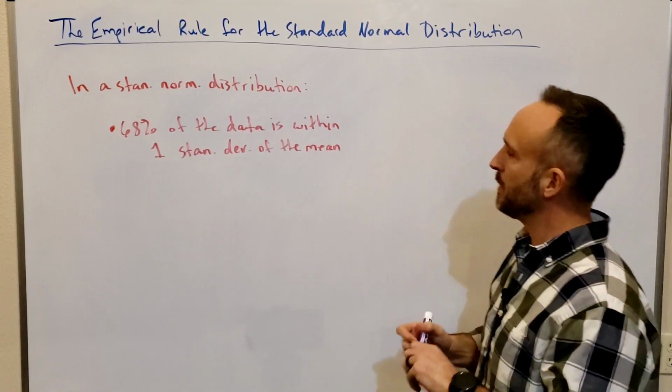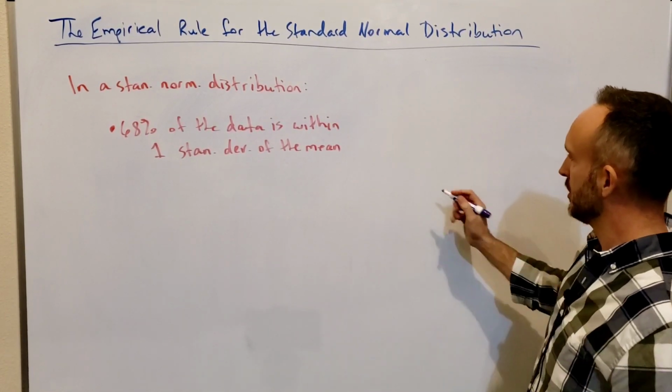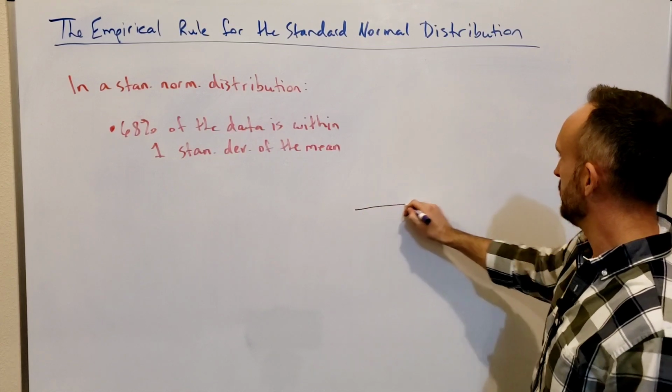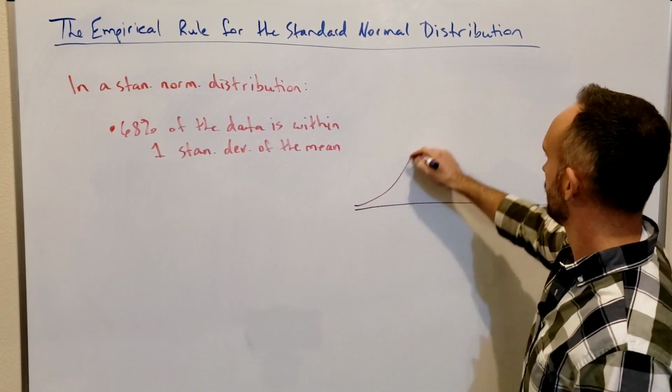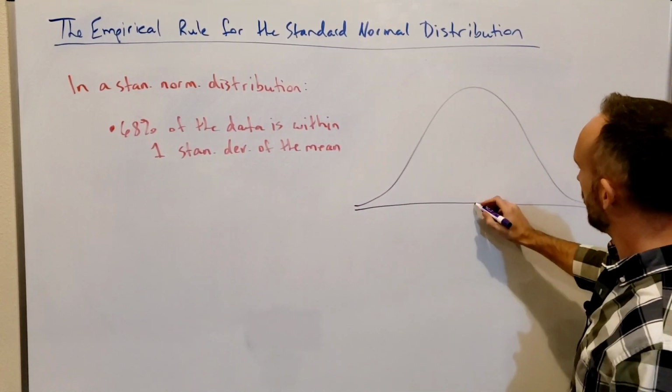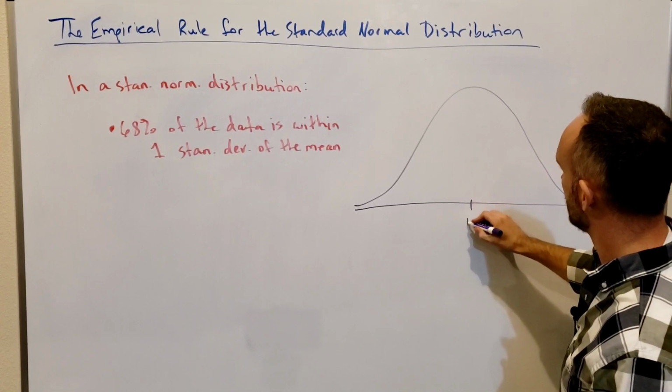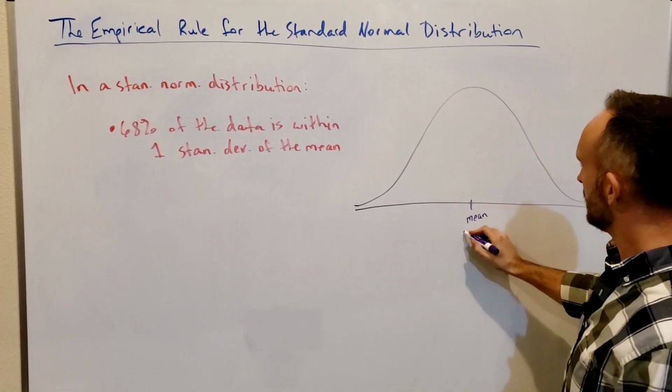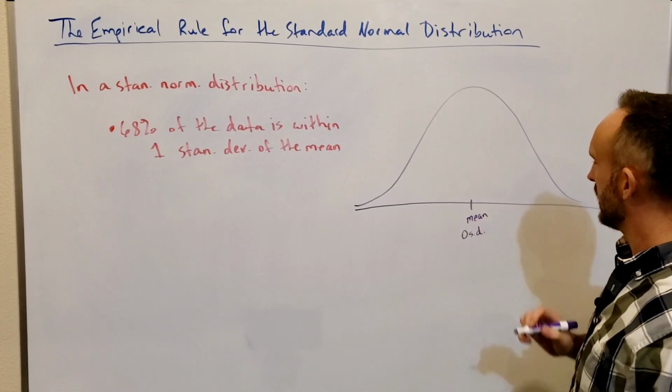So if we were to look at a picture of this, our standard normal distribution, and our mean is right here at 0 standard deviations, right?